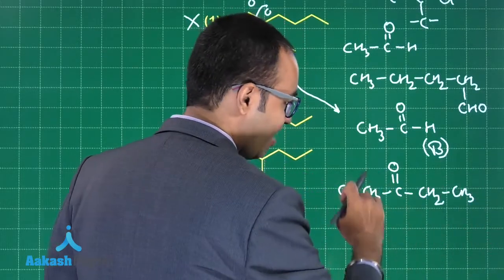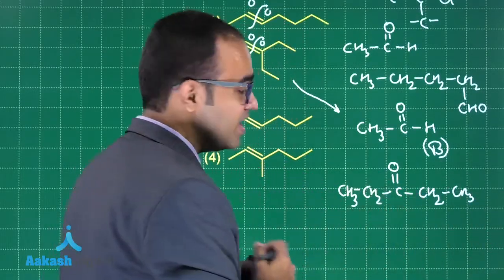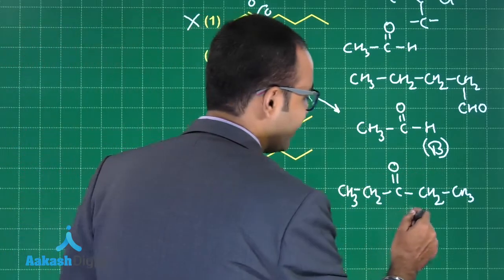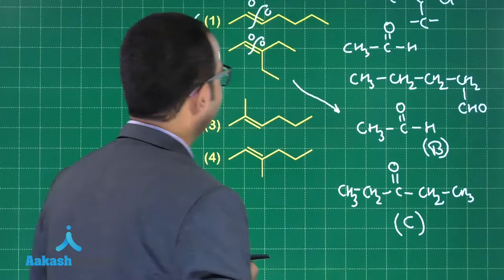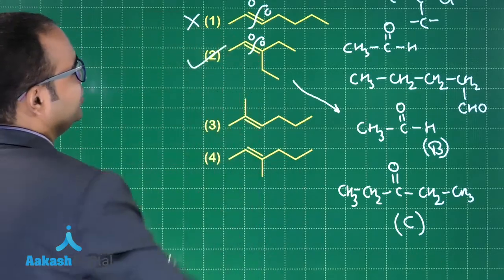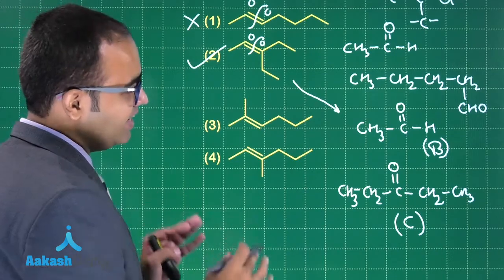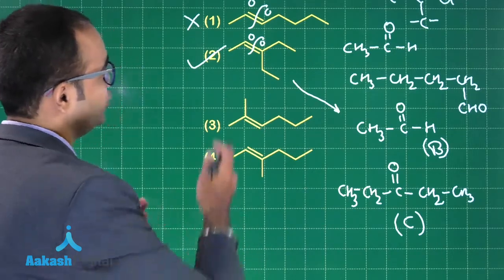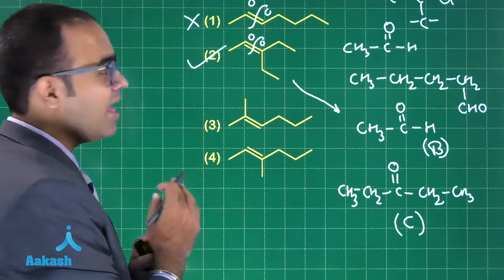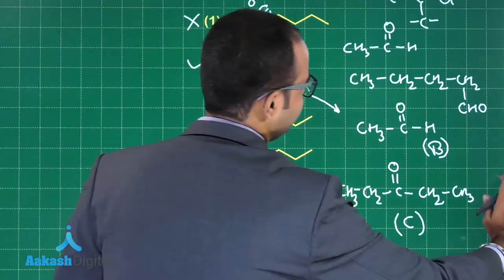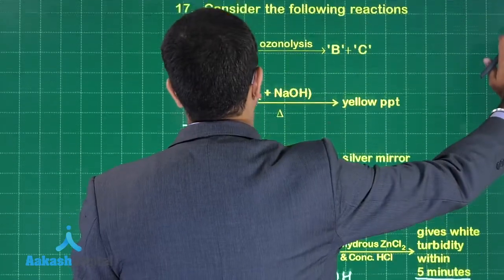Yes, it is not having a COCH3 group, plus it will give you a secondary alcohol. So this can be your C, guys. So the answer is option 2, guys. I hope this is very clear. Instead of writing the entire reaction, you can just do what we have done over here and you can predict the product, guys. Okay. So the answer is option 2.